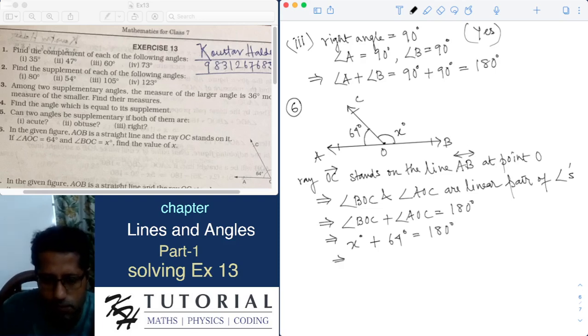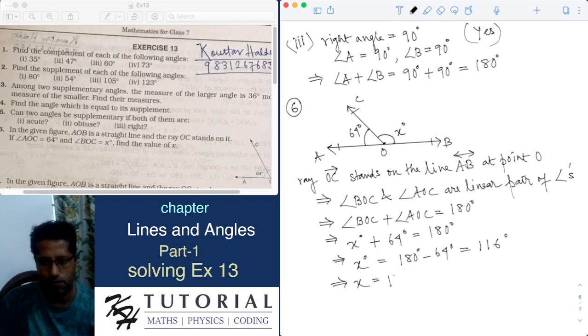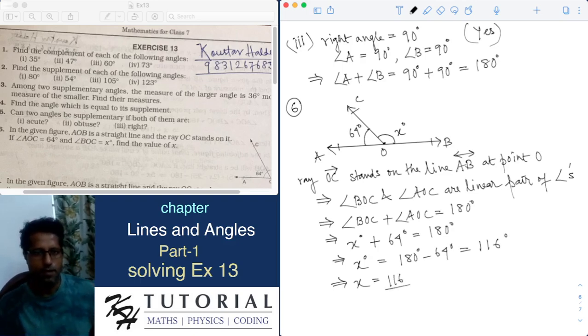So this implies x degree is equal to 180 degree minus 64 degree, which is equal to 116. So x is equal to 116. It has asked to find the value of x.